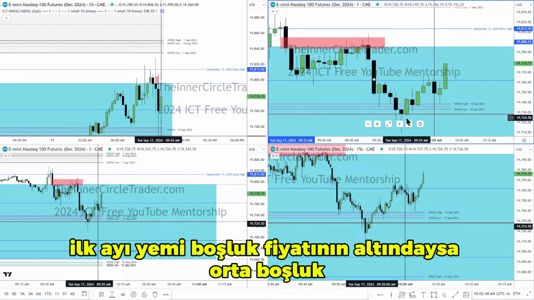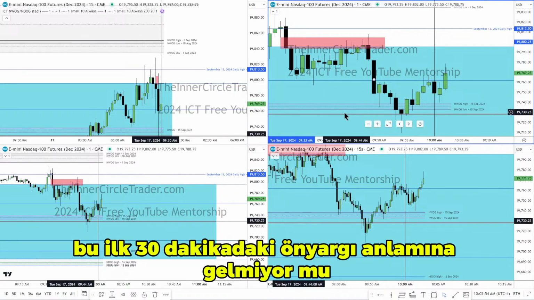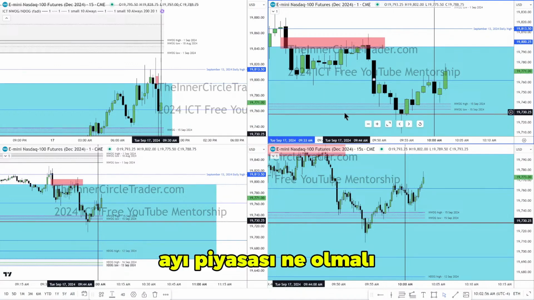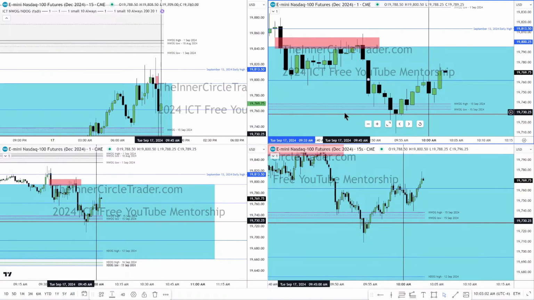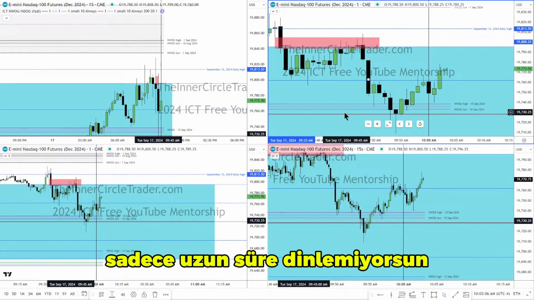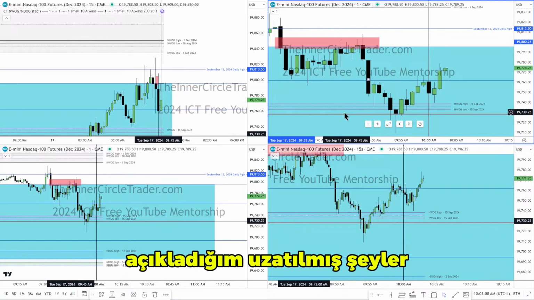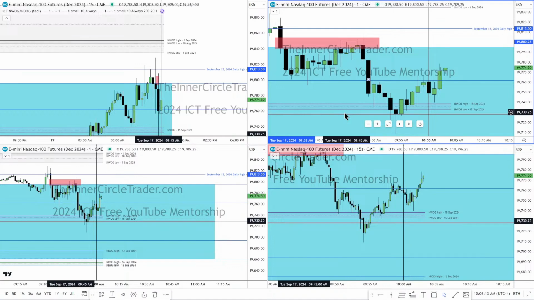Mid gap. If it's below the first fair value gap price, which is this candlestick here, doesn't that mean the bias for the first 30 minutes should be bearish? Is it not delivering it? And you're trying to argue with me that what I'm teaching is complicated. It's absolutely not. You're just not listening to the long, drawn out things where I'm explaining why it's best to understand every facet to it.